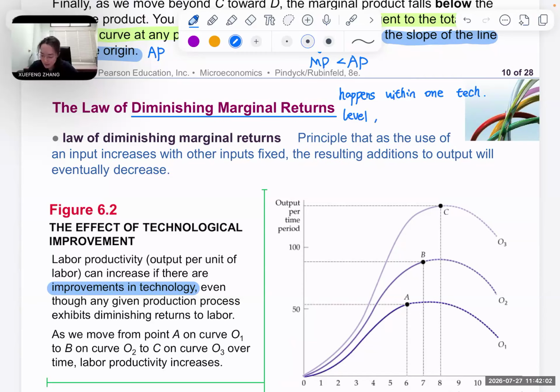That means new technology can shift the entire curve upward.